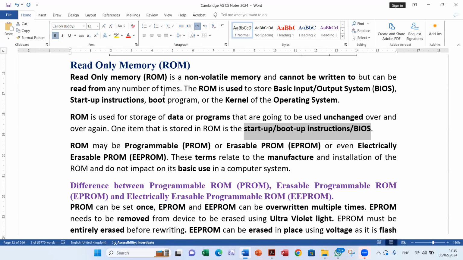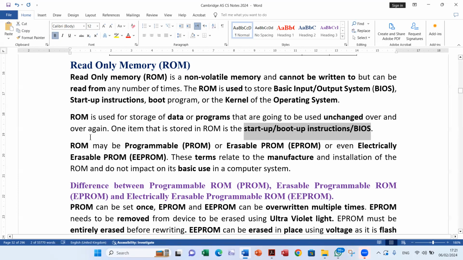Or erasable PROM, which means erasable programmable ROM. That can be erased, however, you need to take it off the device and put it under ultraviolet light to erase it. And the third enhancement is even electrically erasable programmable ROM, which means it can be erased while in place.